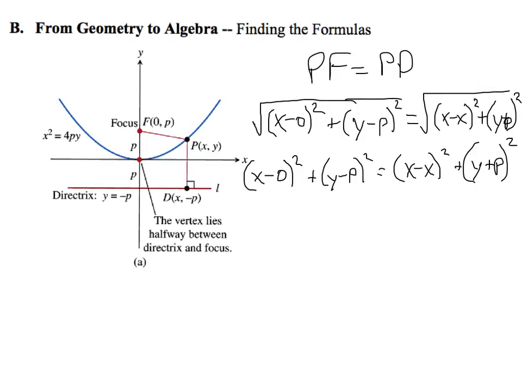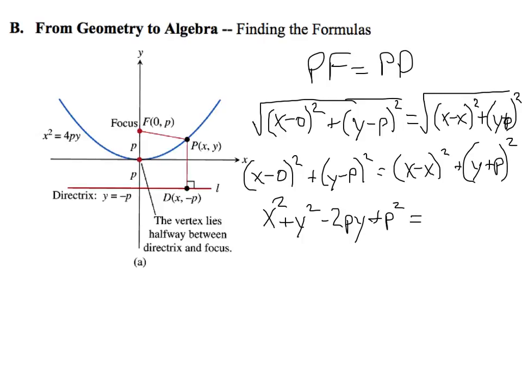Square this, left with what's underneath. I just have to simplify that. So x minus 0 is just x, and then I square it. I get x squared for this piece. If I were to FOIL the next piece together, y minus p times y minus p, I would end up with y squared minus 2py plus p squared. So that's everything on the left side.